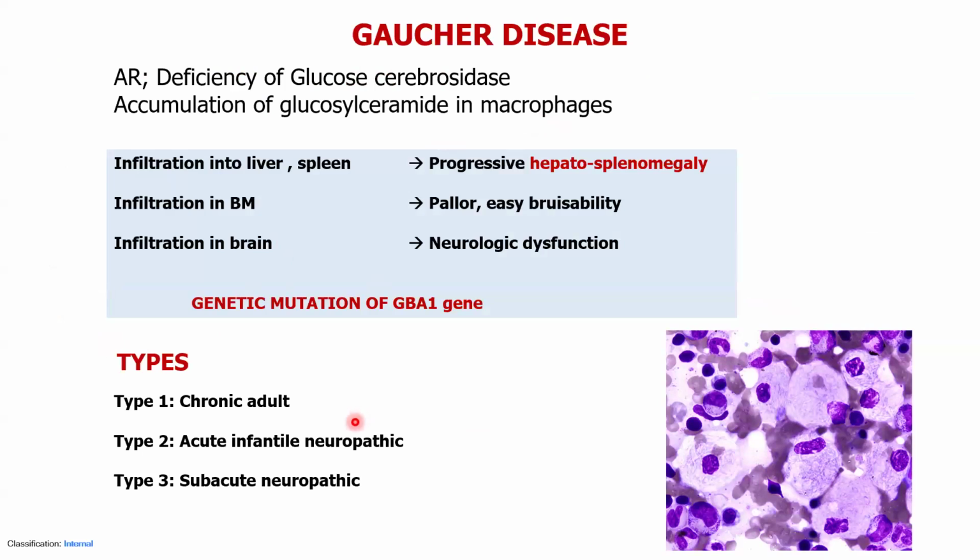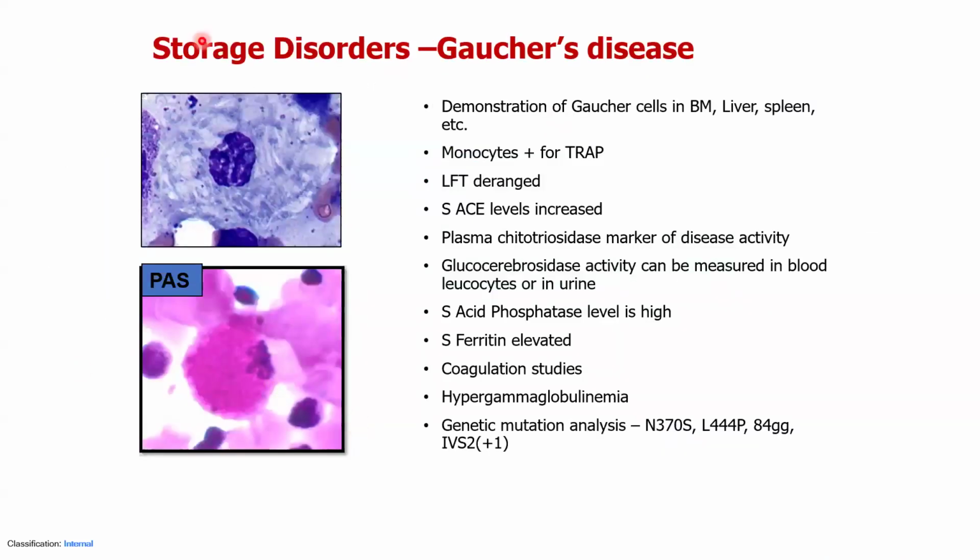There are three different types: chronic adult, acute infantile, and subacute neuropathic. So these Gaucher cells are large macrophages with a small nucleus. They have a crumbled tissue paper like appearance of the cytoplasm, and they are characteristically present in the bone marrow, liver, and spleen.